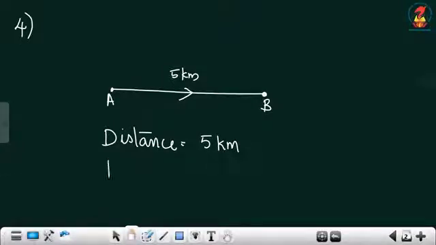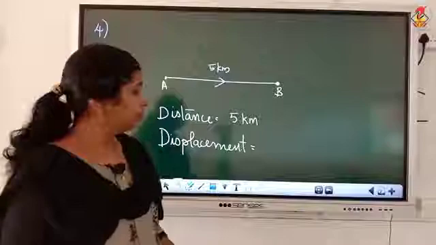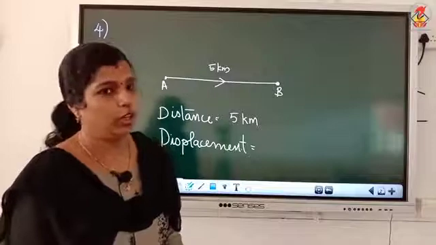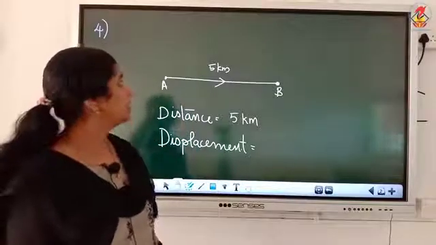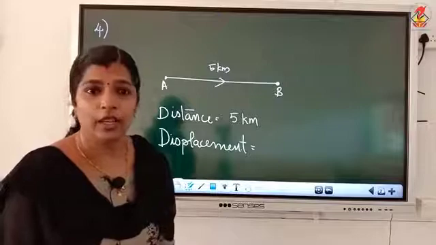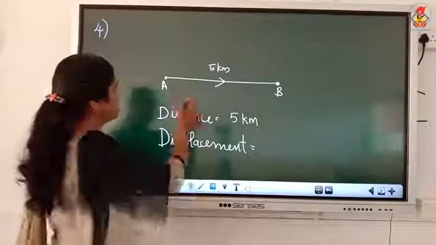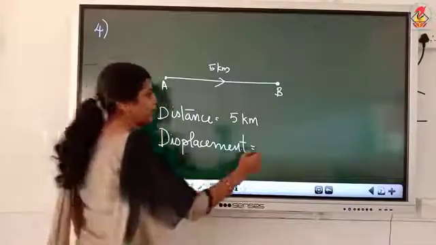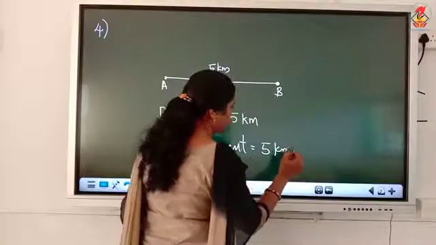Now, displacement. How will you find the displacement? How will you define it? That is the shortest distance between initial and final position, or straight line distance between initial and final position. So, already it is in a straight line now. So, what is the displacement? The displacement is also 5 km.